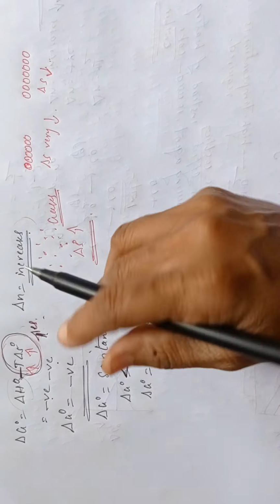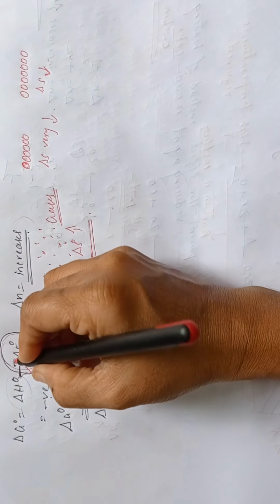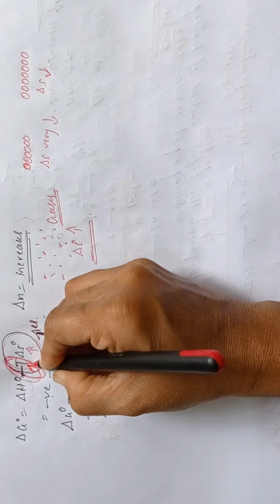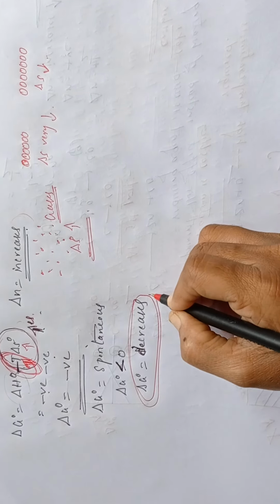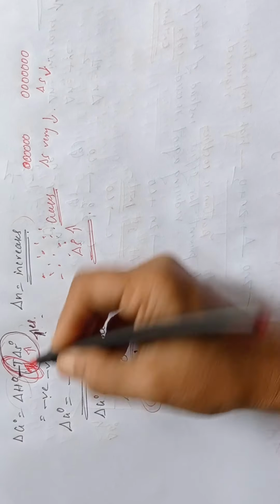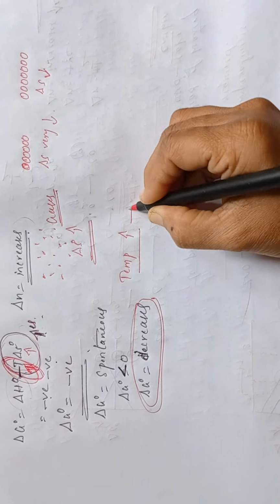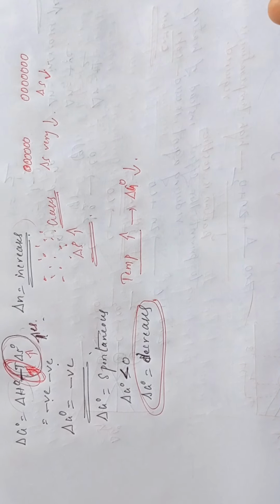So whenever temperature increases, students, what will happen? Temperature increases, delta G naught value decreases for the first line.